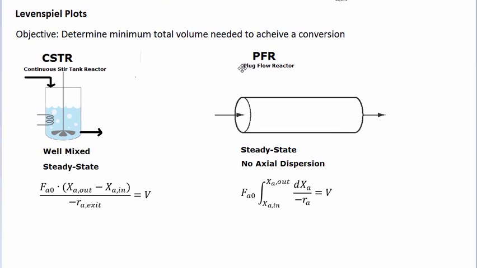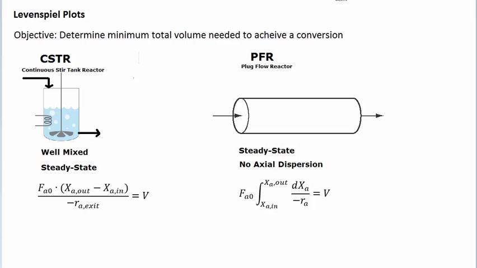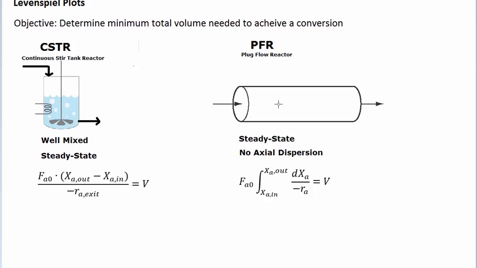Okay, so now you're probably asking, why did we go through that complicated derivation there? The reason we need that is for what we call a Levenspiel plot. The point of a Levenspiel plot is it lets you minimize the total volume of the system with a given conversion in mind, with the design equation for the CSTR over here for some series.